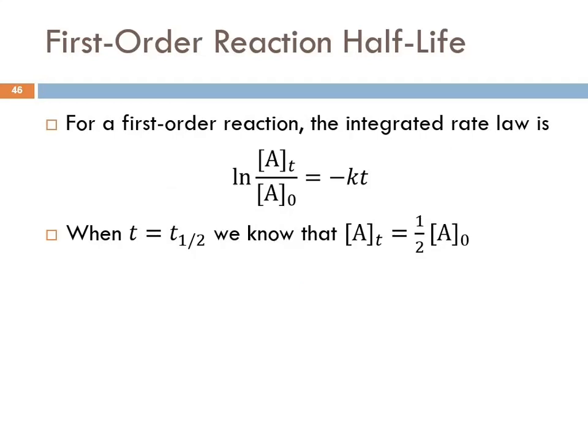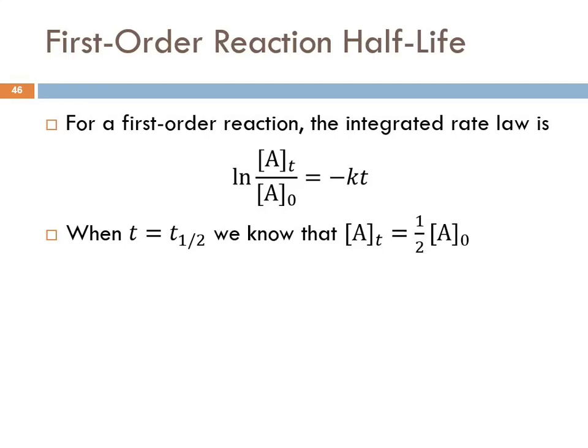So for a first-order reaction, this isn't the linear form, it's the other one. The natural log of the concentration at time t over the initial concentration is equal to minus kt. Well, when t equals the half-life, then we know that the concentration is equal to 1/2 of the initial concentration.